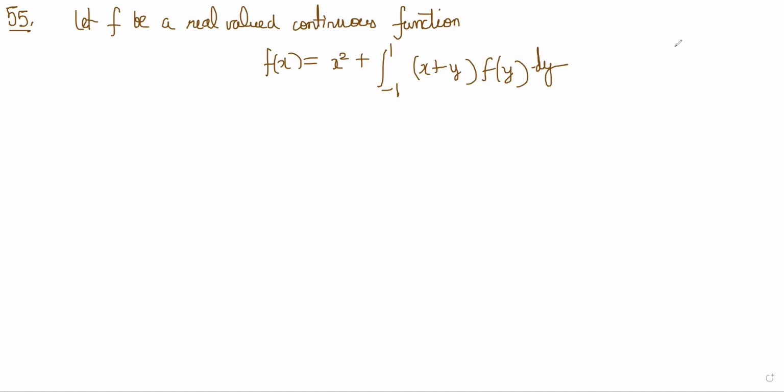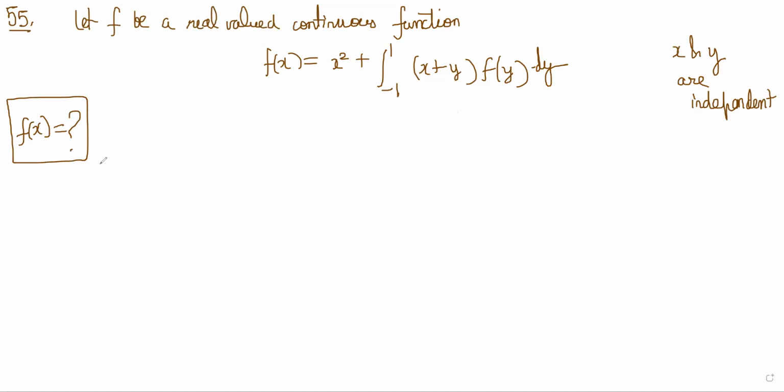This is the equation where x and y are independent, right? Now what we have to find out is f of x. You have to find out the function f of x, okay? So let's see how we handle this. Here you have to realize that this integral is over y, right?